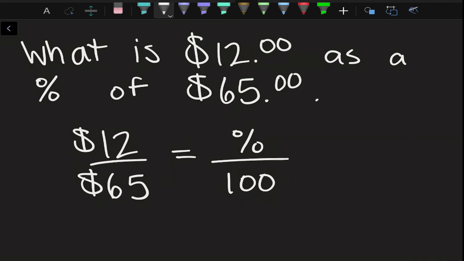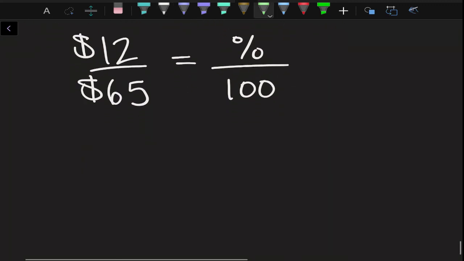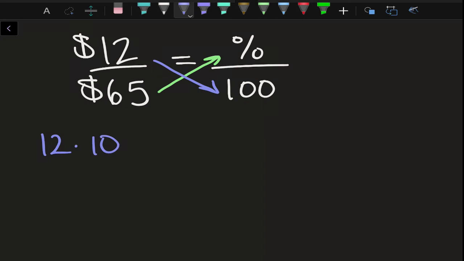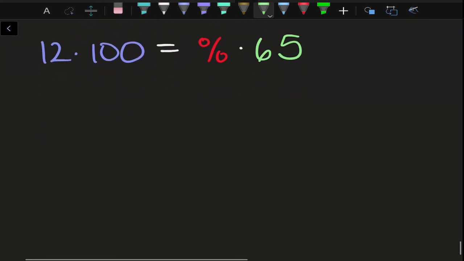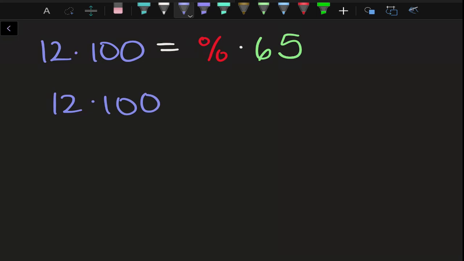Exactly what we want. So again, I'm going to cross multiply, and I get 12 times 100 is equal to percent, what I want to know, times 65. So then to get percent, all I need to do is divide by 65.